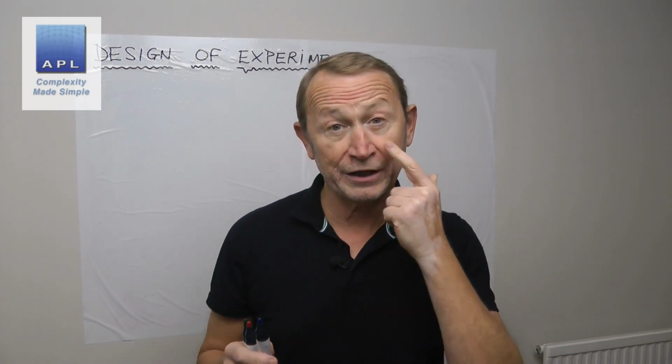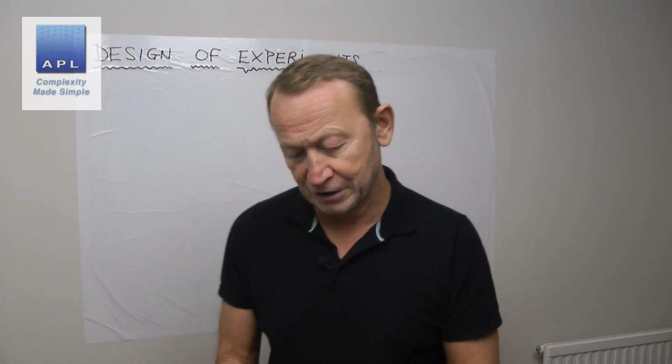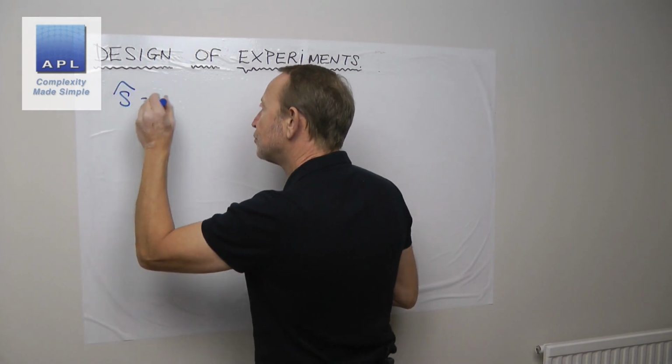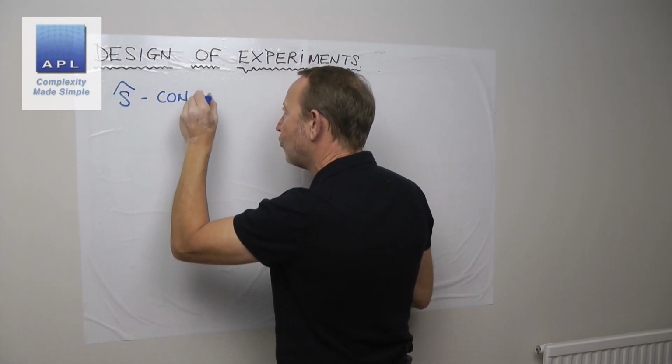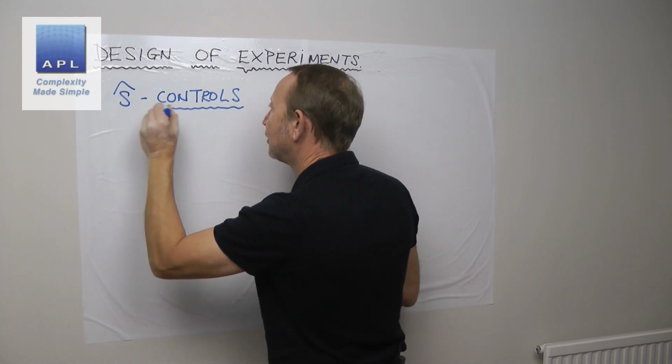And I'm going to explain one additional technique to you, which is the idea of designing your experiment for robustness, Taguchi's method. But let's look at the methods that you could be using to control standard deviation. So your S control methods, that's what we're going to take a look at.